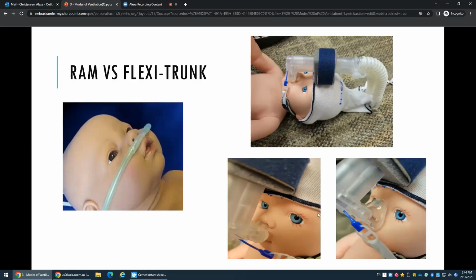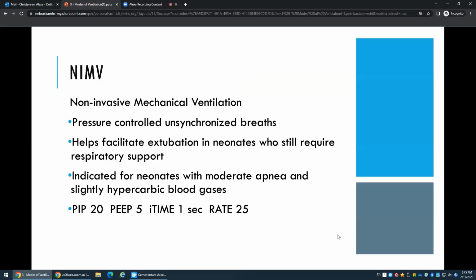You might use the Flexi trunk on that baby just to give them the best chance possible to be extubated, because we've got that tighter seal. So the RAM works for most, but the Flexi trunk is there for those itty bitty babies who need their extubation facilitated a little bit better with a better seal.